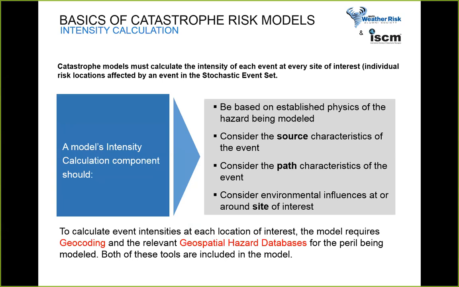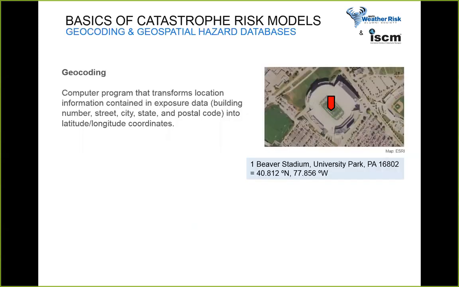So for the model to do these intensity calculations, the model requires a little bit more information about where the risks are located and what the environments are around your risk. So to do this, the models include a geocoding engine and what we call geospatial hazard databases. So geocoding, I'm going to guess that most people are quite familiar with this now.